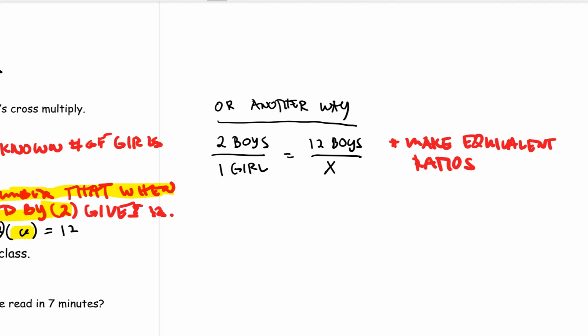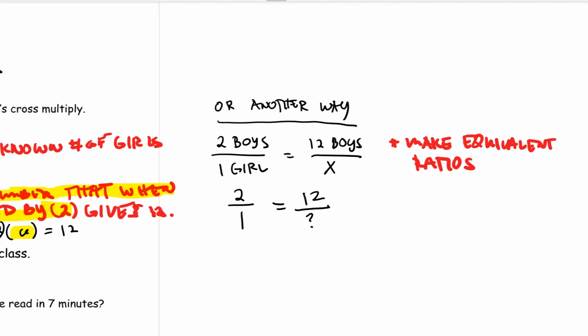So if you can remember, so I'm just going to write this one. This is 2 over 1 is equal to 12 over question mark. So how do we find equivalent ratios again? We can find equivalent ratios, if you can remember, by multiplying or dividing the numerator and denominator by the same number.